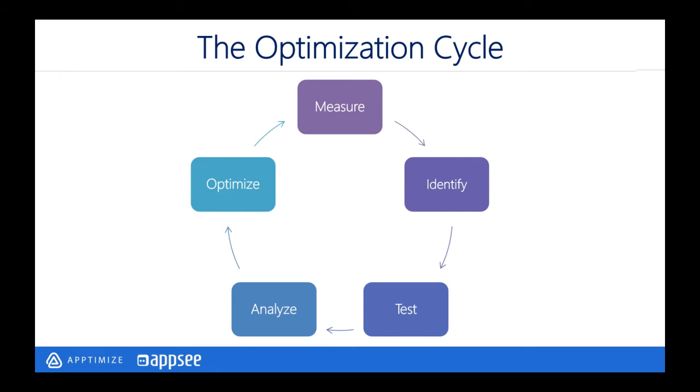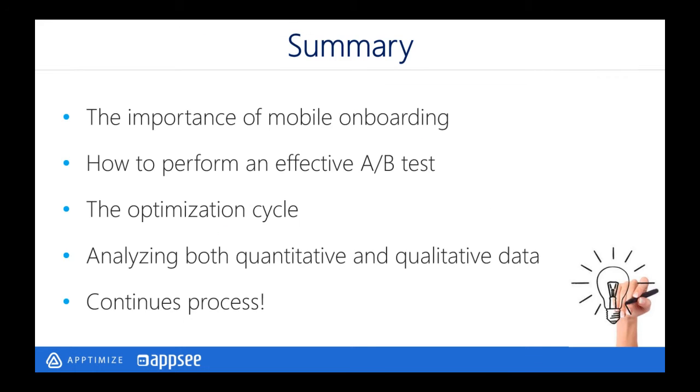So just to very quickly summarize our talk today. We talked about the importance of mobile onboarding. We saw how we can use user experience analytics to pinpoint a specific problem and then perform an effective A/B test.